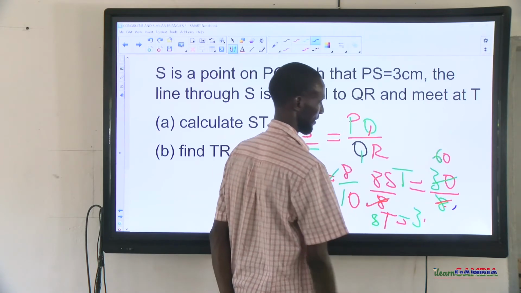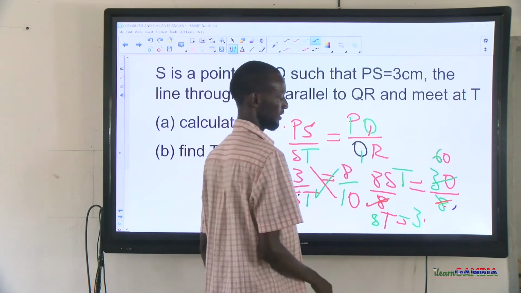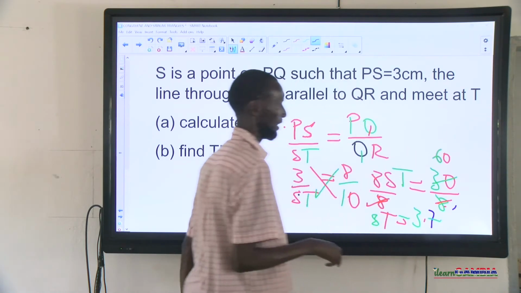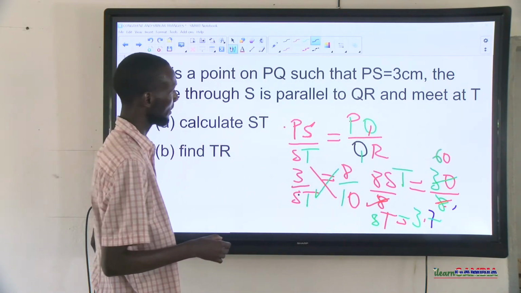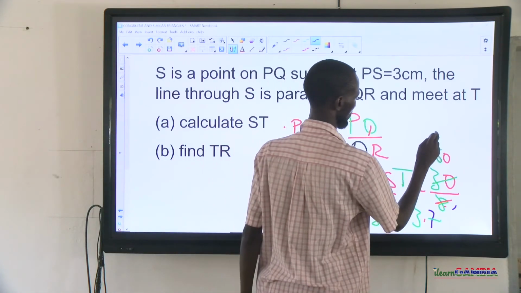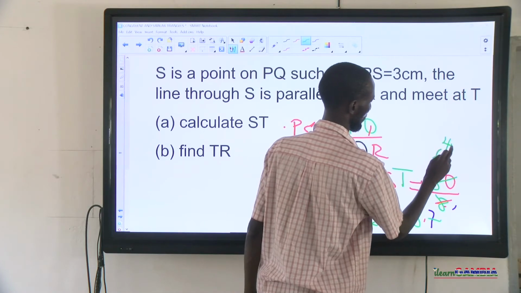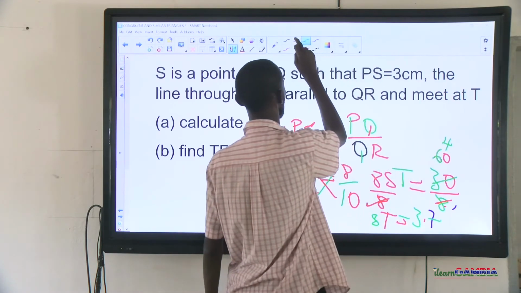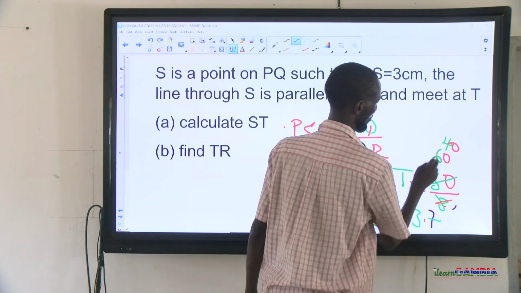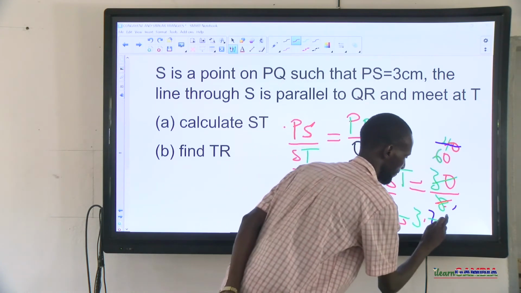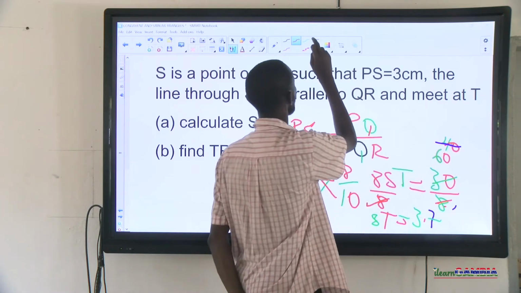Then 8 can go into 60, that will be 7 times. That is 56, so there will still be a remainder of 4. You can still add a 0 to the 4, because 8 cannot go into 4. So that becomes 40. And if you divide 8 into 40, you get 5.